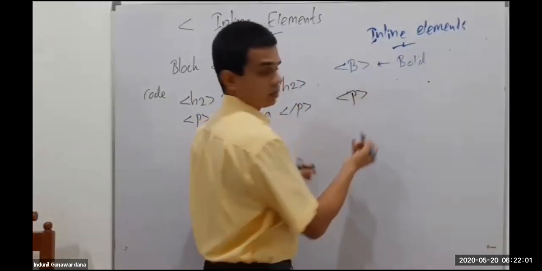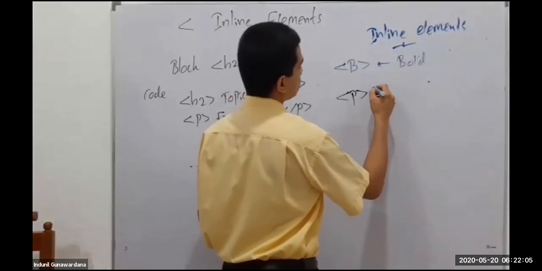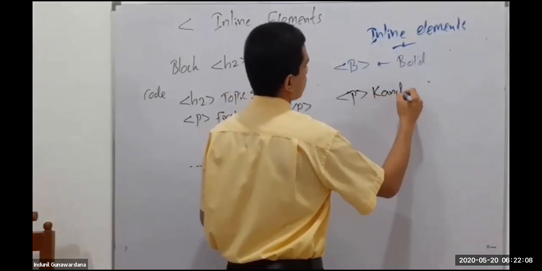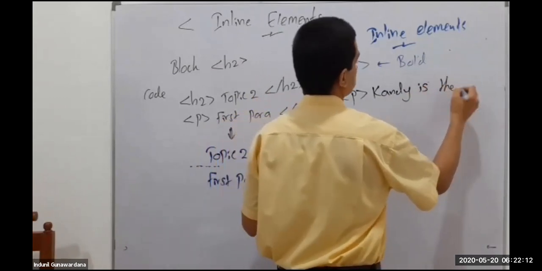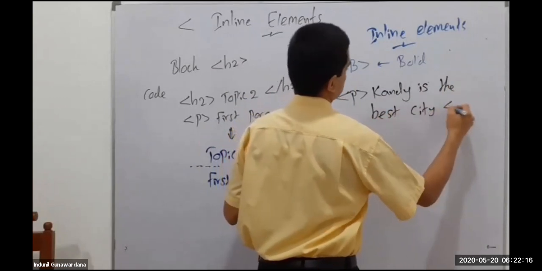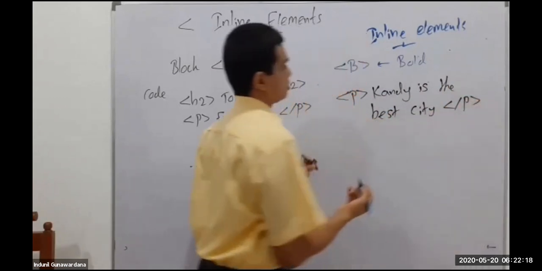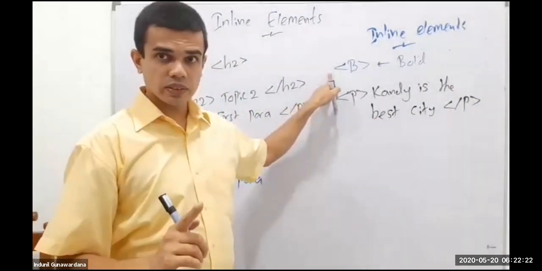I'm going for paragraph, right? So then paragraph will say that Kandy is the best city. In this case, I didn't use the B tag yet.